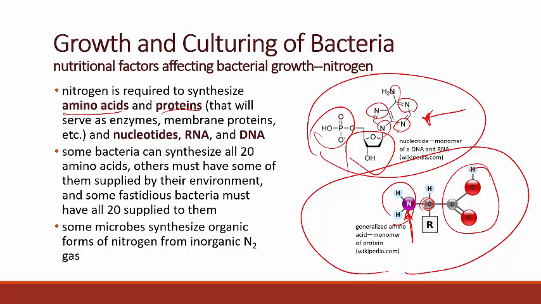Some bacteria, as I said, can synthesize all 20 of the amino acids, but others must have at least a subset of those 20 amino acids supplied to them by the environment. And there are even some fastidious bacteria that make no amino acids on their own. They have to have all 20 of them supplied in order to make the variety of proteins that are found in their cells.